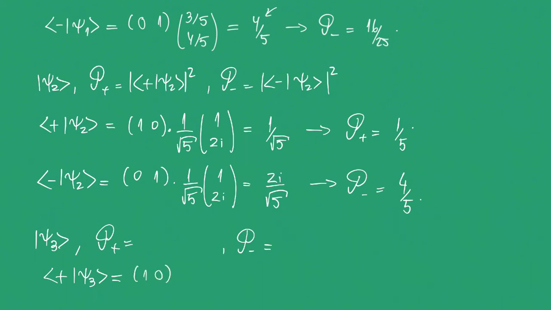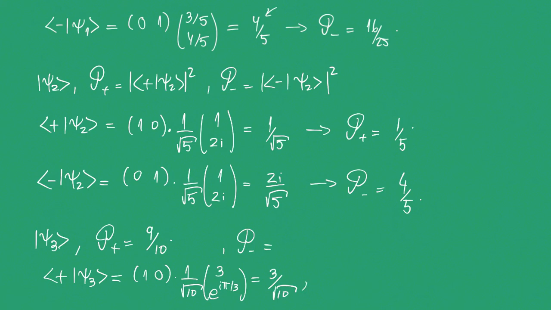The matrix is 1 over square root of 10. The first entry 3, the second exponential i pi over 3. This result here gives us 3 over square root of 10. And if we square this value, we have 9 over 10.